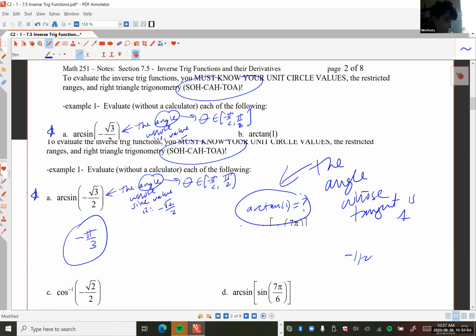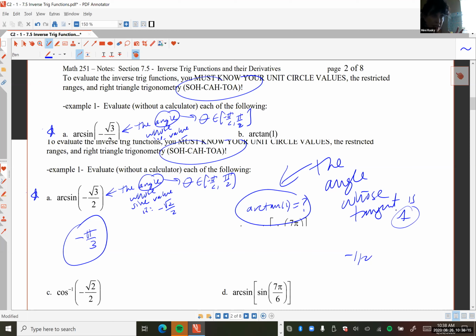If you don't remember, you could just punch it up on your calculator, and that'll work. But does anybody know an angle whose tangent is 1?